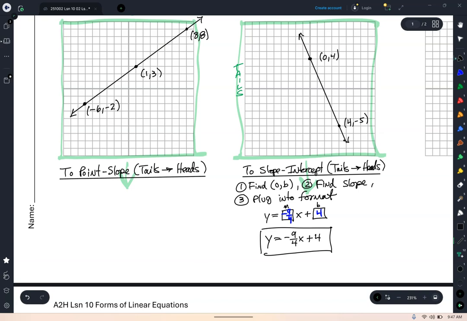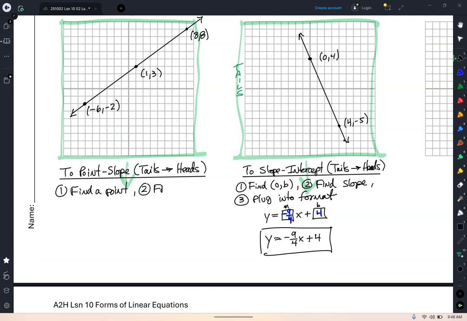First, we're going to find a point, and second, we are going to find our slope, which again, you can calculate in multiple ways. I'll let you figure out how to do that. And then lastly, we're going to plug it into our point slope format.